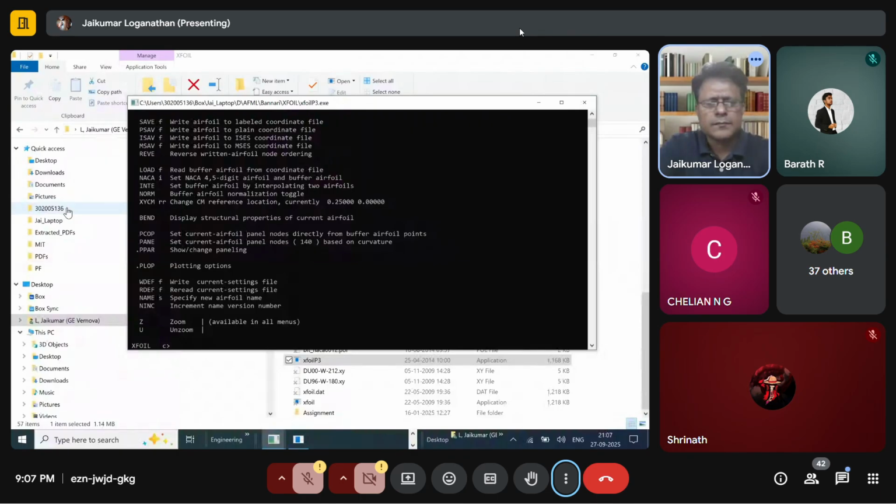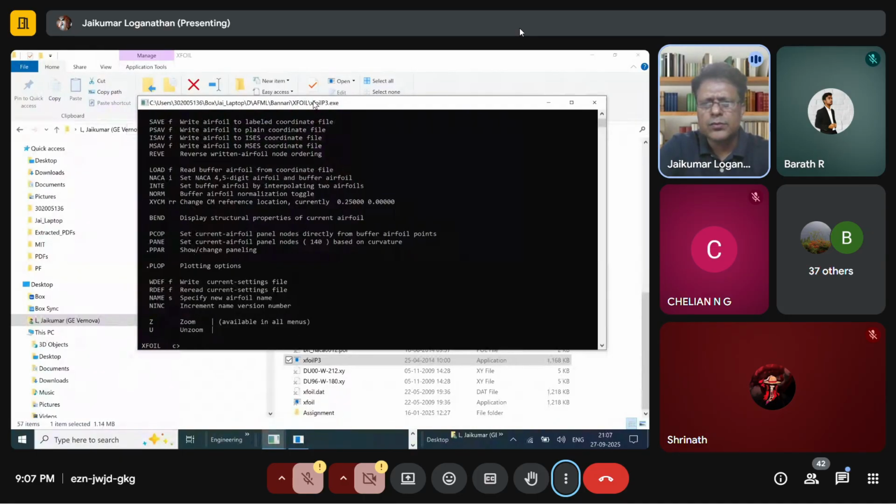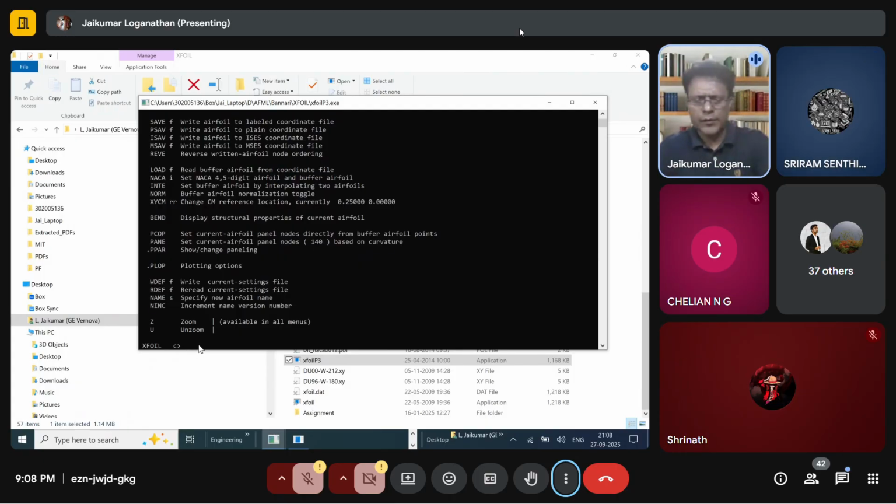Either you can load an airfoil if you have the coordinate file, we'll look at that, or you can create an airfoil here. You can create all the NACA airfoils within XFOIL. Once you open XFOIL, all you have to do is give NACA 0012.